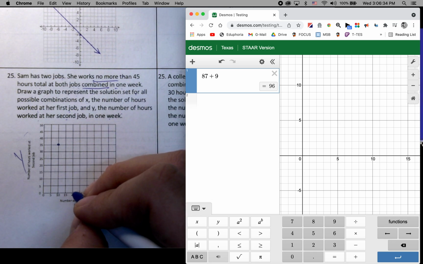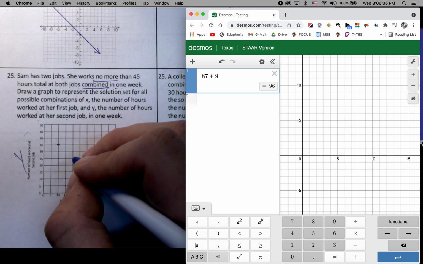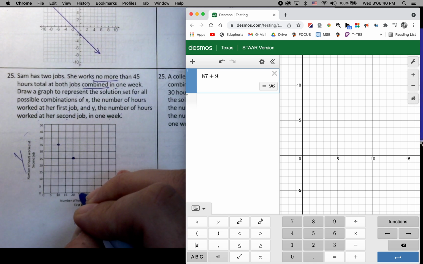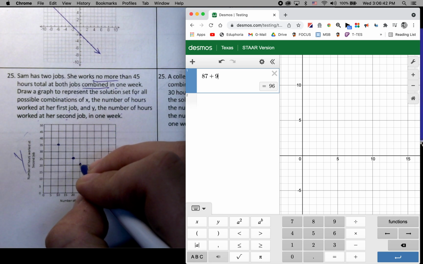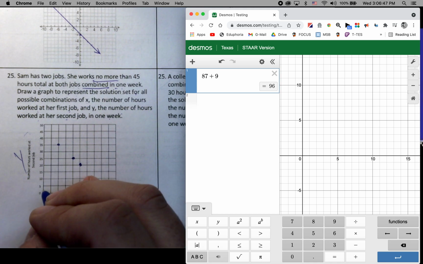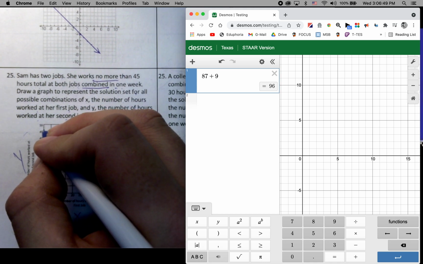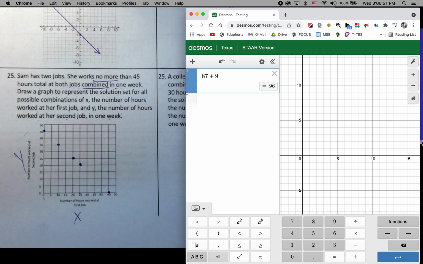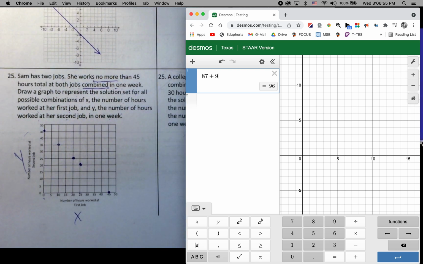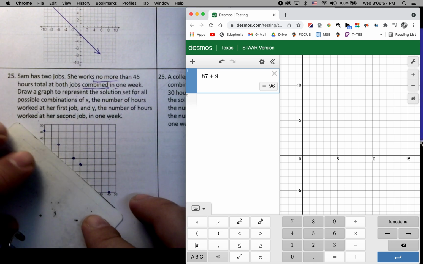If I worked 20 hours, then I would need to work 25 hours total. If I worked 25 hours here, I could not work on my second job 20 hours because 25 plus 20 gives me 45. If I worked 45 hours on my second job, I could not work any hours on my first job. Now I start getting some points, and it looks like they're going to make a line.